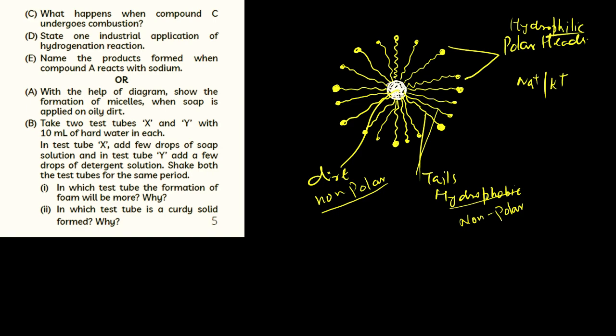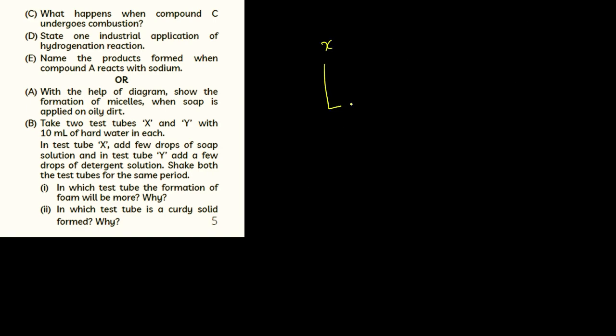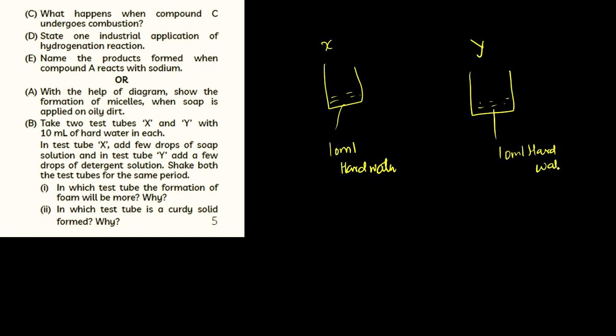Now part B says take two test tubes X and Y with 10 ml of hard water in each. Hard water means water which has a much higher concentration of salt in it.